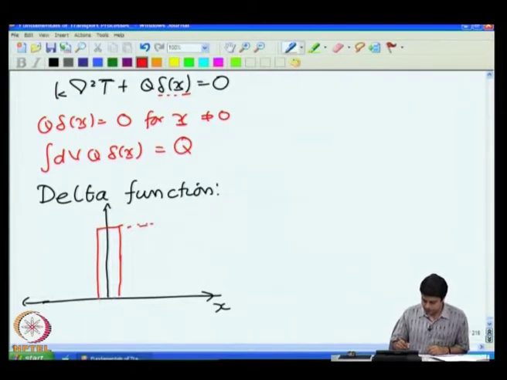Along the x axis, it goes from minus h by 2 to h by 2, and the height of this function is 1 over h.